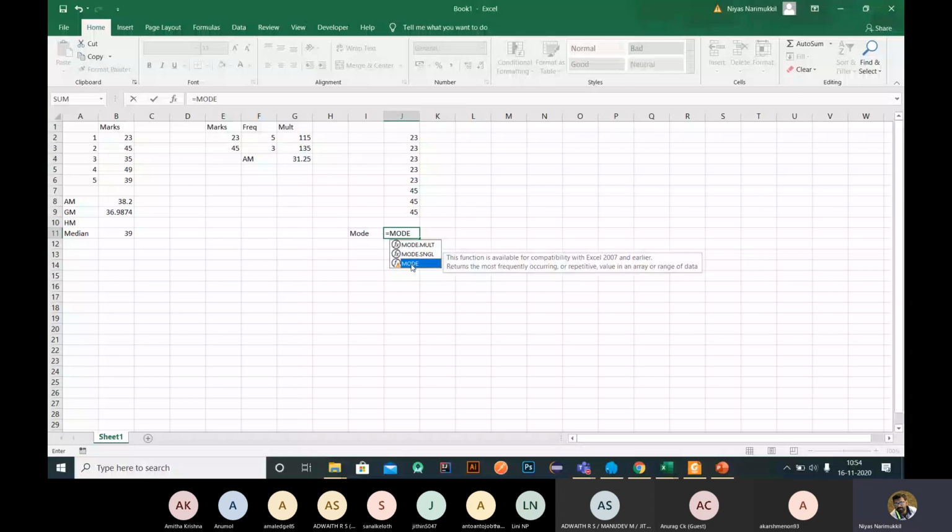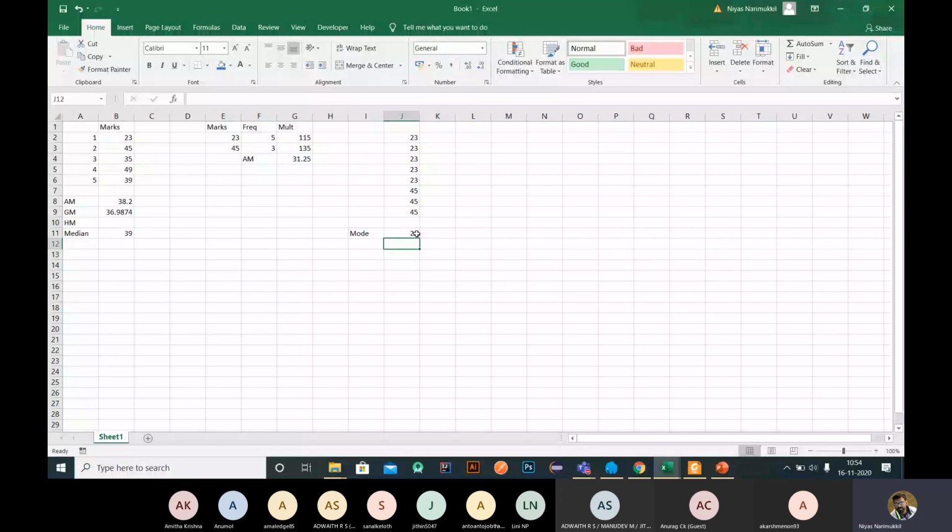The mode of this is 23 because 23 is the most repeating item in this list. So mode means getting the most repeating item from the given list.